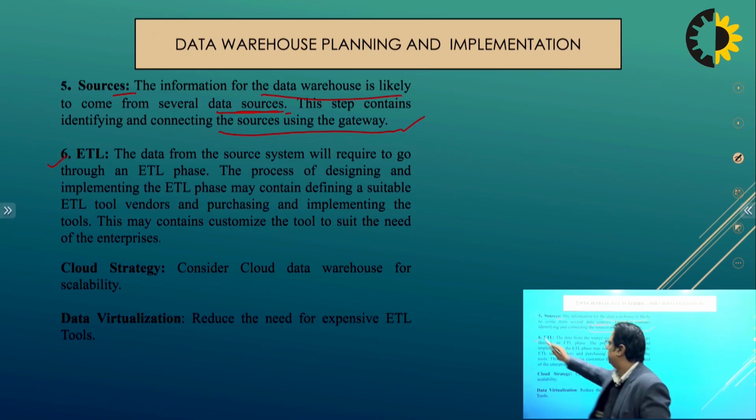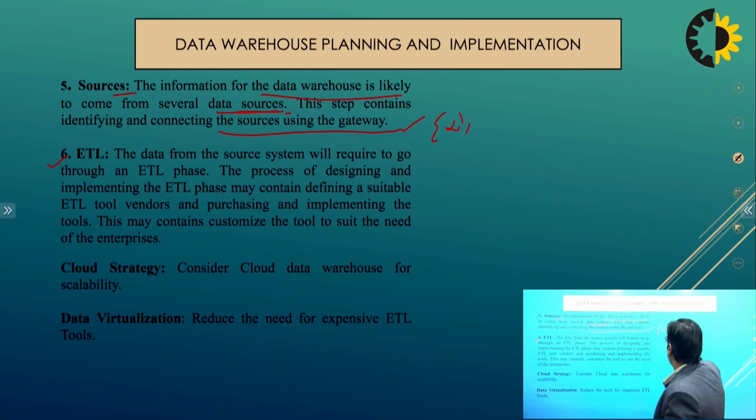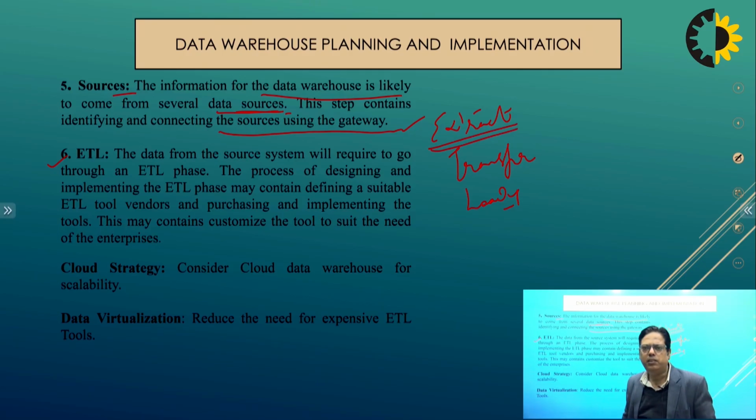Now, the ETL process. ETL basically stands for extract, transformation and loading. First we extract the data from different sources. Transformation means that if we receive the data from different sources with different schemas and architectures, we need to resolve anomalies, remove redundancy of the data, and maintain the consistency of the data before storing it into the data warehouse and staging.